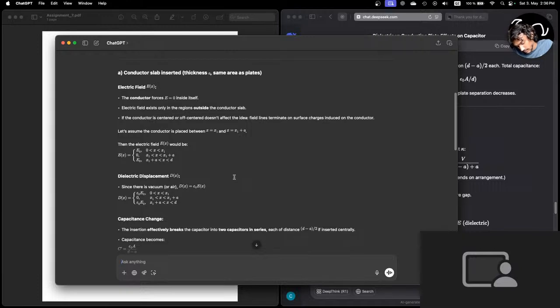Assuming the conductor is placed x1 distance from both capacitor plates.